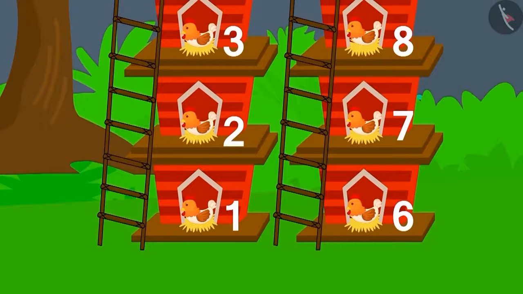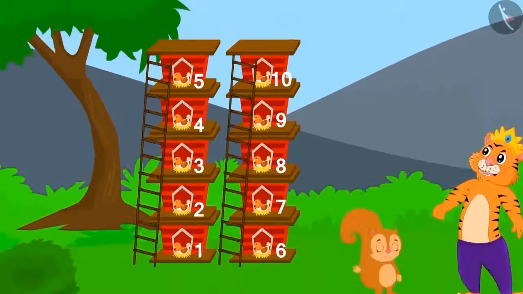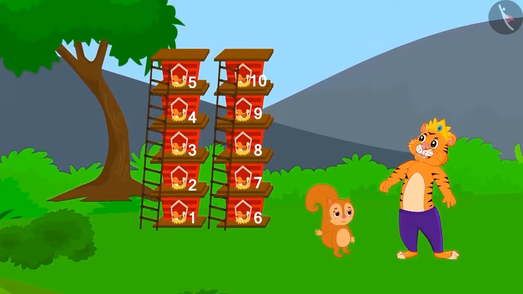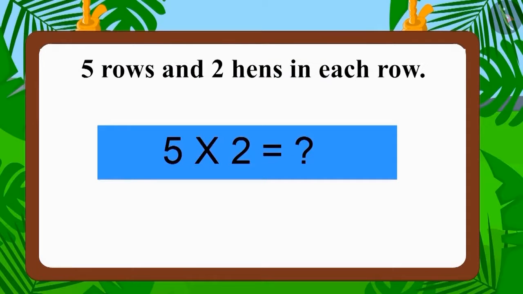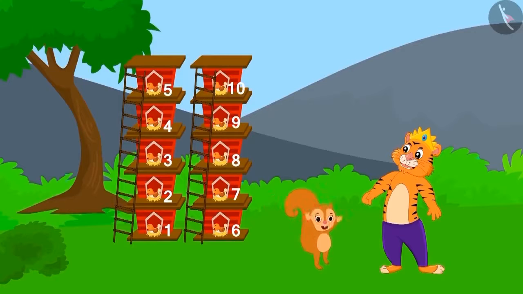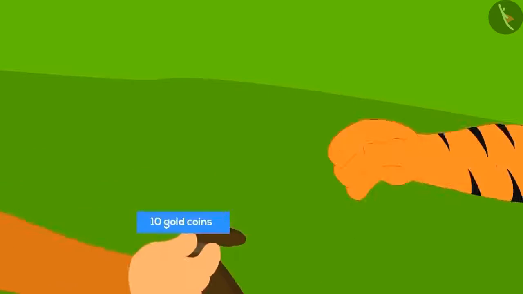Is the number of hens in each row equal? Yes. Does the number of hens in the house equal to 10? 5 multiplied with 2 make 10. Oh wow! Chanda has also built the house perfectly. The king gave 10 gold coins to Chanda too.